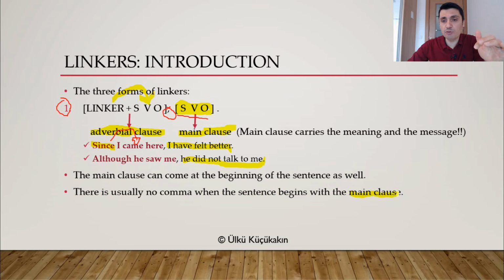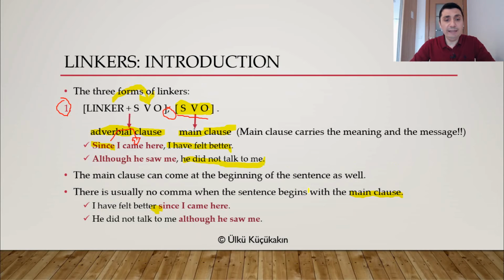So sometimes your sentence begins with the main clause, then there is no comma and the linker comes in the middle. So, I have felt better since I came here. As you can see, there's no comma here. All right? Or, he did not talk to me although he saw me.